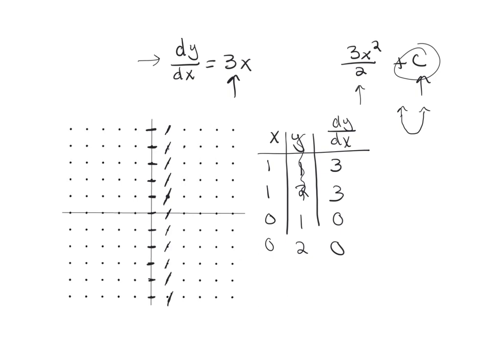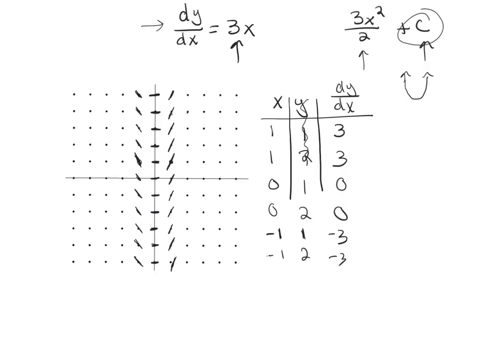All right, let's plug in -1. So like -1, 1. -1, 3 times -1 is -3. So let's graph that. So we are at this point, with slope -3, 1, 2, 3 over 1. We'll kind of use that. And if we plug in -1, 2, same concept. This whole column here of points will have that same slope. All right, let's look at this point right here.